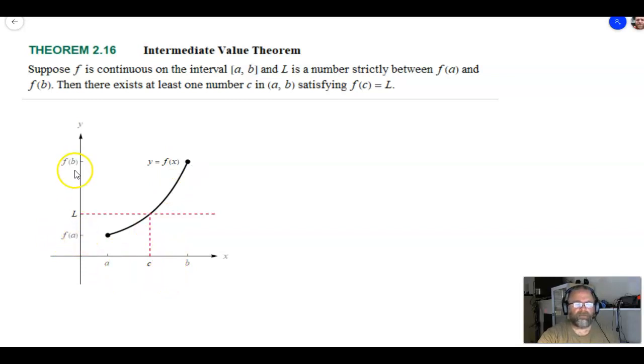And now if we mark f of a and f of b, f of a is just the y value at x equals a, f of b is just the y value at x equals b. If we take any value L, just some value between f of a and f of b, then this theorem guarantees us that there's at least one x value in this interval, that if we take the function at that c, we're going to get that L back.